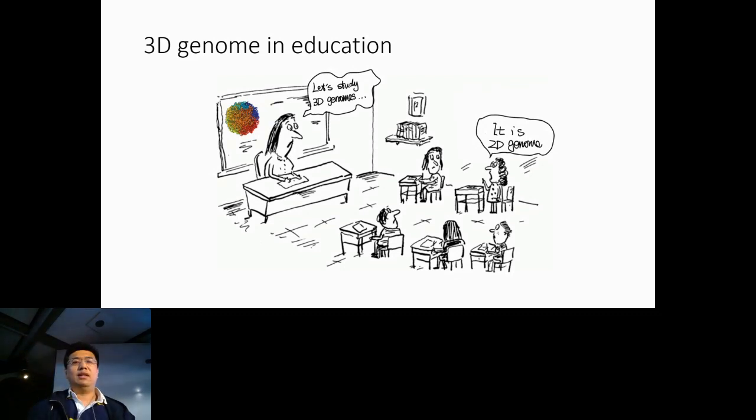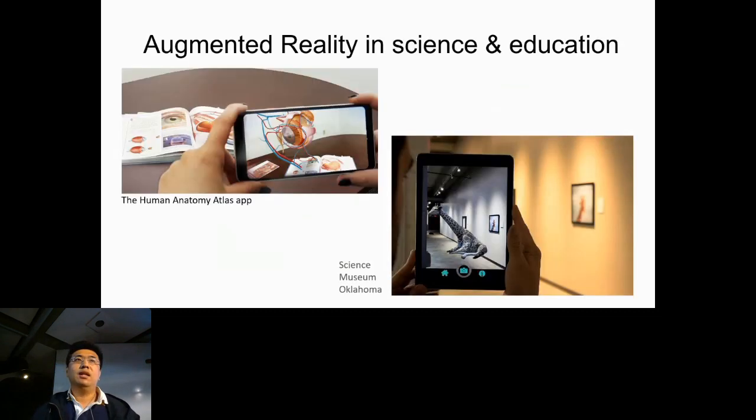This funny situation motivates us to think about the question: what is the best approach to represent the 3D genome if we want to introduce it to a person who does not have enough knowledge in this field? A very easy and mature solution that came to our mind is augmented reality.